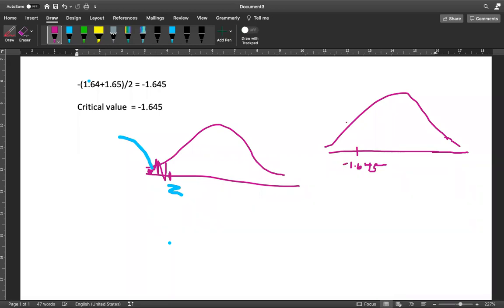And we calculated our test statistic to be negative 2.0. Would that negative 2.0 be within the rejection region? It will be, because negative 2 is actually smaller than negative 1.645. The minus 2 falls somewhere here.